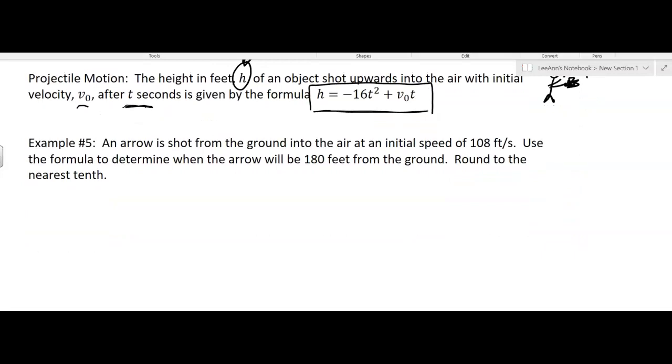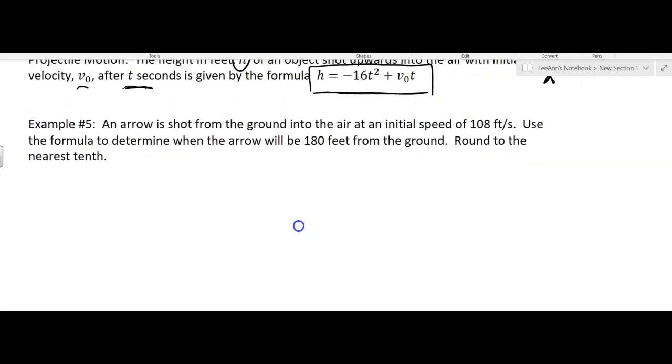Okay, so it says an arrow is shot from the ground into the air, we're going to need that formula, at an initial speed of 108 feet per second. So that's the initial speed, that's the v naught. Okay, use the formula to determine when the arrow will be 180 feet from the ground, round to the nearest tenth.